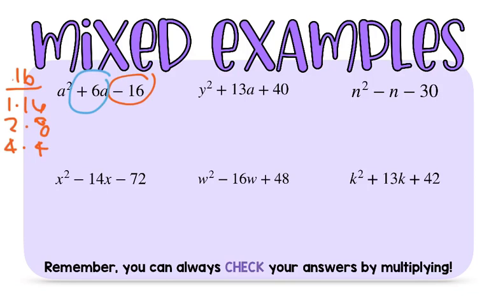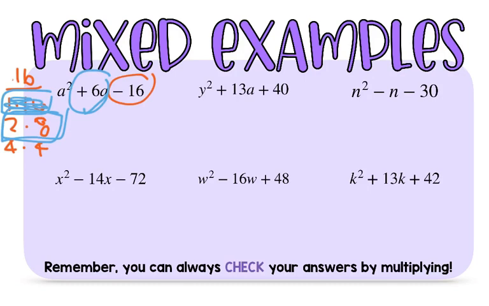All right, well, will 1 and 16 ever get to 6 if I add them? No. And remember, one of them's negative, so you need to be thinking 16 minus 1, that's 15, and 1 minus 16 is negative 15, so that doesn't work. How about the next one, 2 times 8? Well, remember, one of them has to be negative, so if the 2 is negative, then 8 minus 2 does give me 6, so that's going to work.